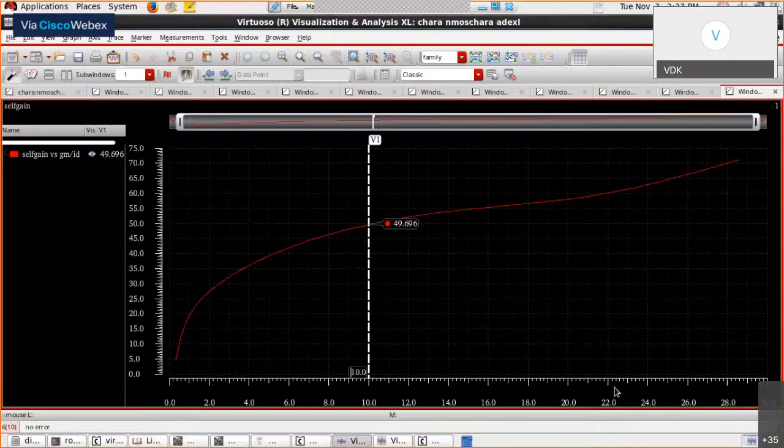So we are plotting FT versus GM over ID. Naveen, can you quickly do that?